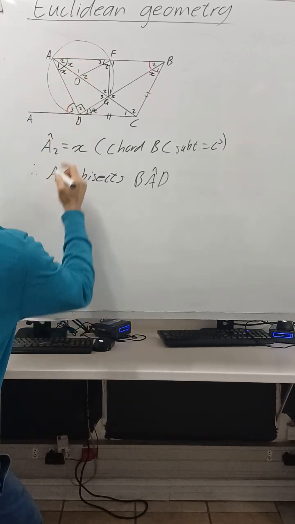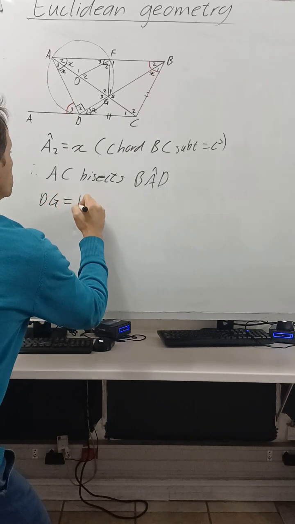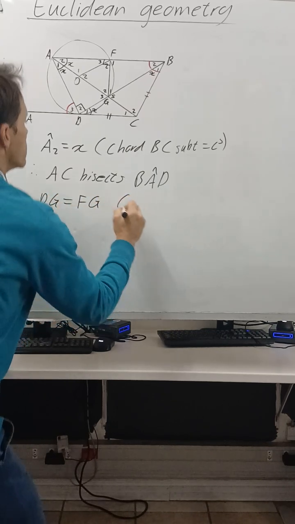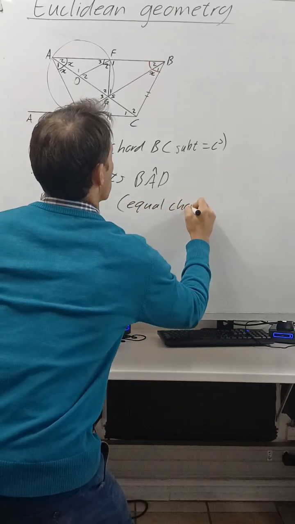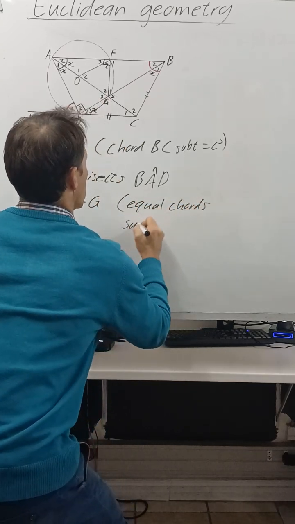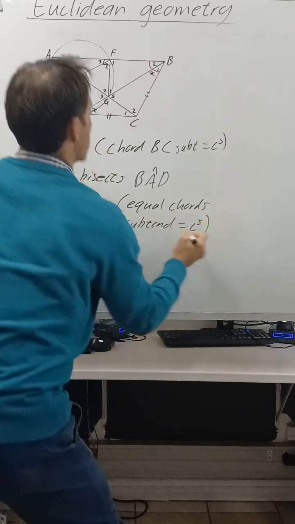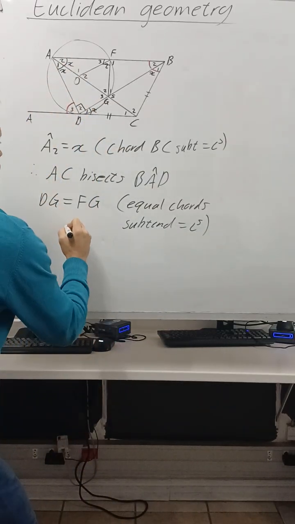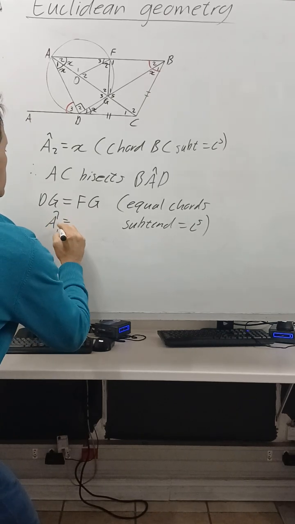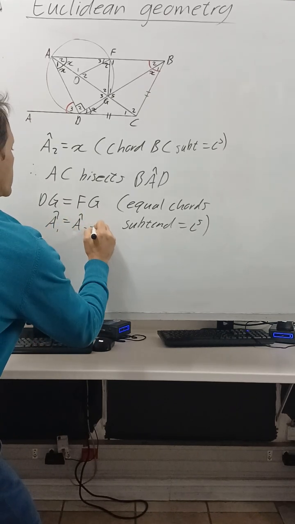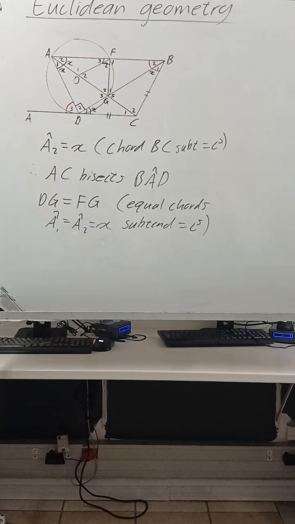You can just say that DG is equal to FG, and your reason, equal chords subtend equal angles, and we showed that A1 is equal to A2. They're both equal to x. So if the angles are equal, the chords have to be equal. Okay.